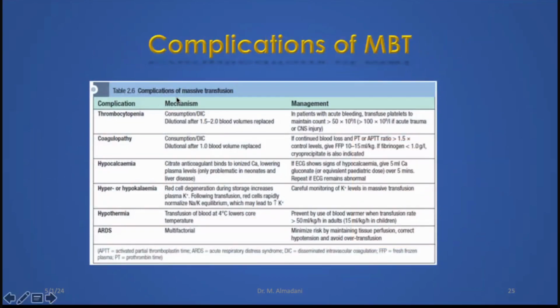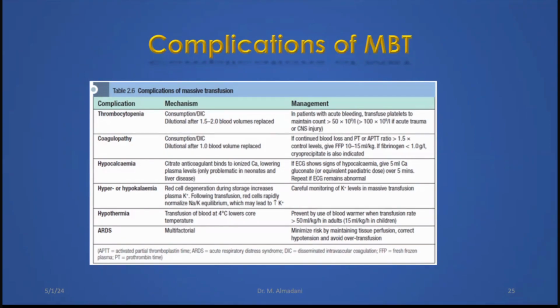So these are the possible complications of massive blood transfusion: thrombocytopenia and coagulopathy, because there is something called disseminated intravascular coagulopathy. Whenever you give blood transfusion, that means packed RBCs, you need to give platelets, you need to give plasma.